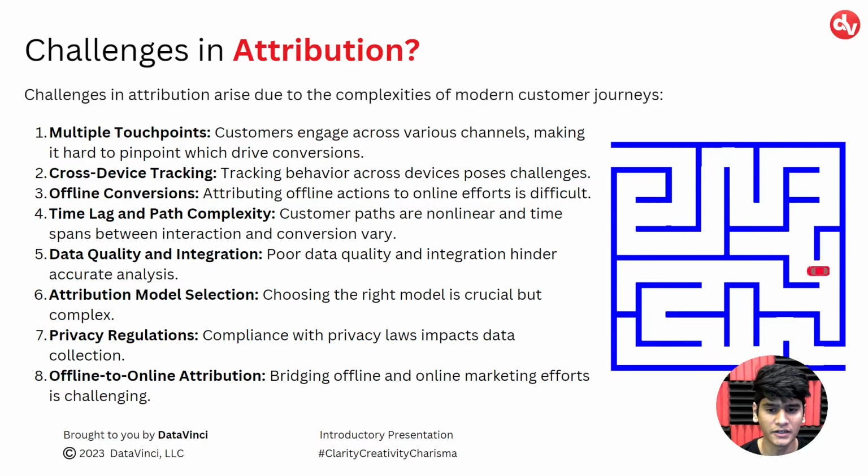Data quality and integration: poor data quality and integration hinder accurate analysis. Attribution model selection: choosing the right model is crucial but complex. Privacy regulations: compliance with privacy laws impacts data collection. Offline to online attribution: bridging offline and online marketing efforts is challenging.